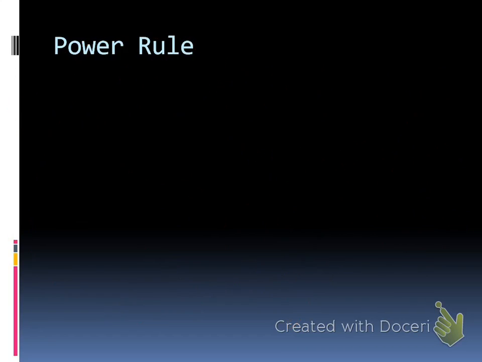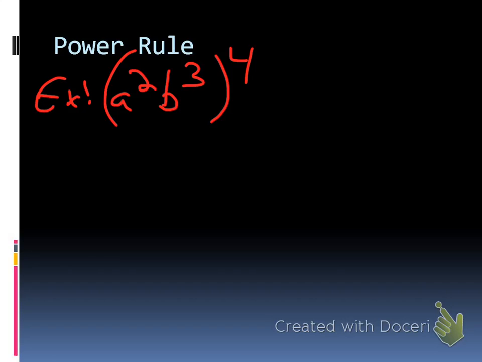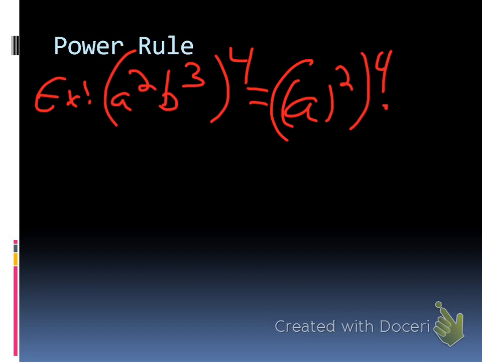Okay, let's do another one of those. I'm going to clear the board here. Let's do a squared b cubed, to the fourth. This is actually going to be a squared to the fourth, and I didn't need both sets of parentheses there, but also then it's going to be b cubed to the fourth.